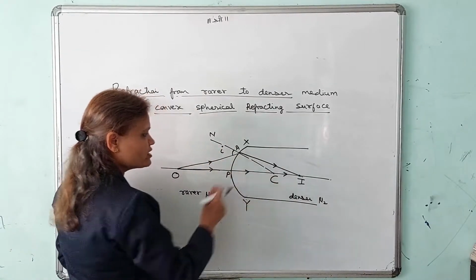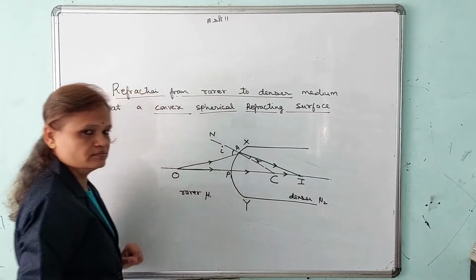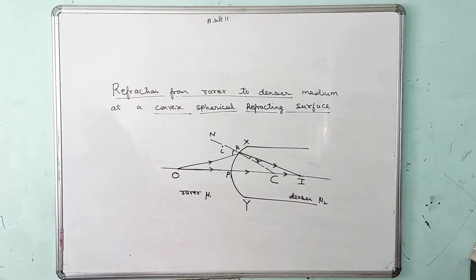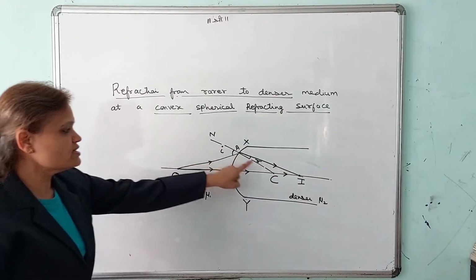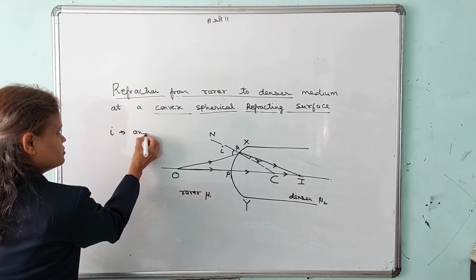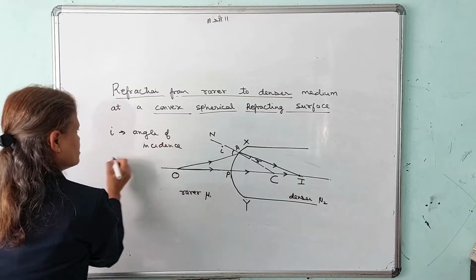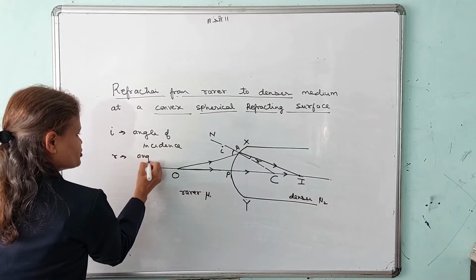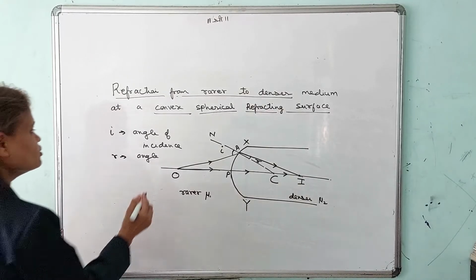Now it is refracted, so this is angle r, angle of refraction. It is always between the ray and the normal.